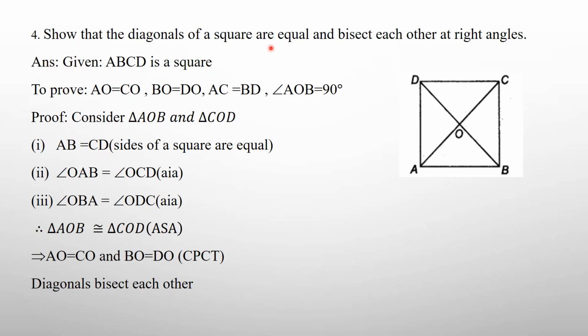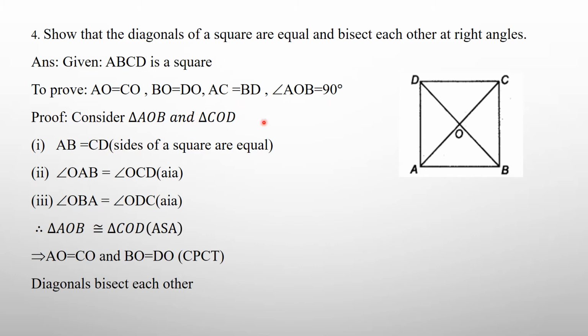So to prove diagonals are equal, we have to prove AC equal to BD. To show diagonals bisect each other, that means AO is equal to CO and BO is equal to DO, and diagonals are bisecting at right angles means each of the angles AOB, BOC, COD and AOD are 90 degree each.